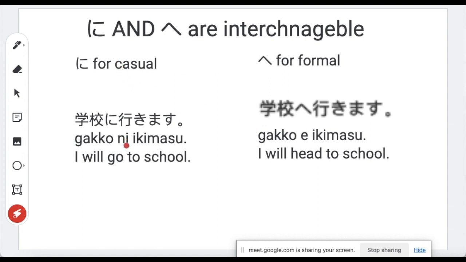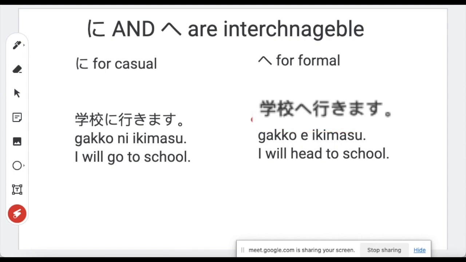But one is a casual way to say it, and the other is a very formal way to say it. We are not saying 'I will head to school, heading to school.' We usually say 'I will go to school.' So in Japan, people usually prefer this way, in a casual way, while talking to family, while talking to friends. Gakko ni ikimasu.